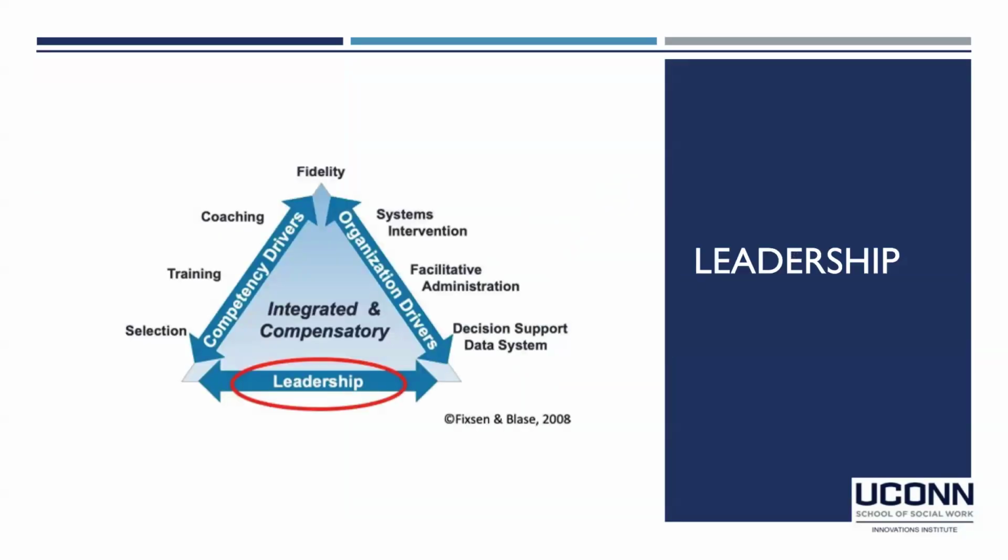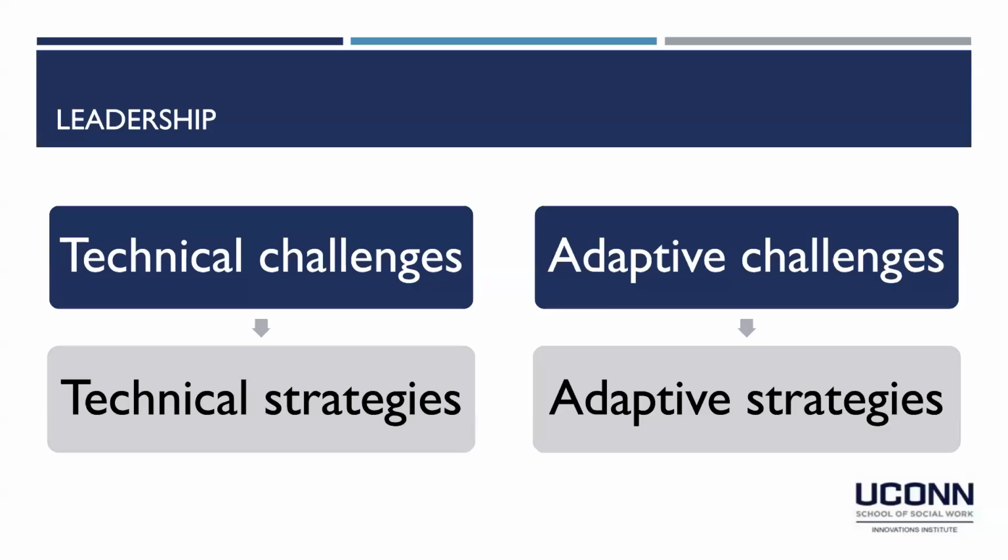Now we're back to the importance of leadership, where, as a reminder, the focus is on the leader being able to identify what kind of challenge the group is facing and selecting the appropriate strategies based on the challenge. There are two types of challenges we're thinking about: technical challenges and adaptive challenges. Technical challenges are those that are typically mutually agreed upon by the group.